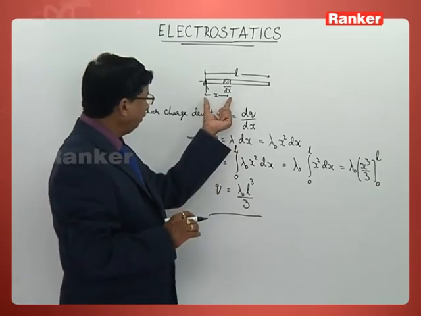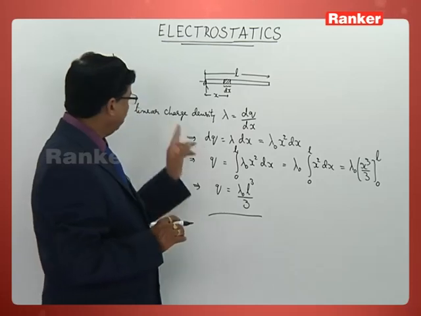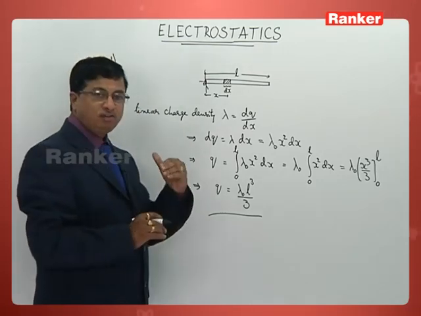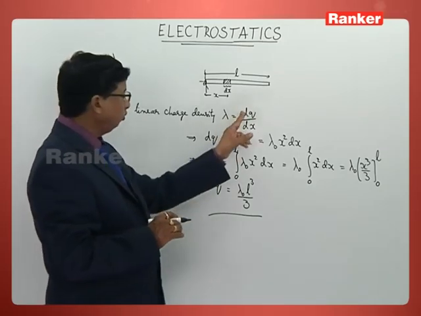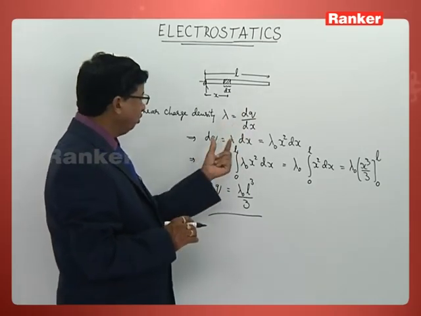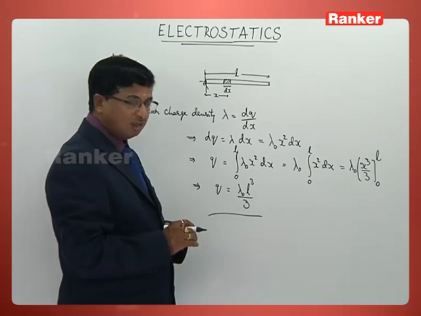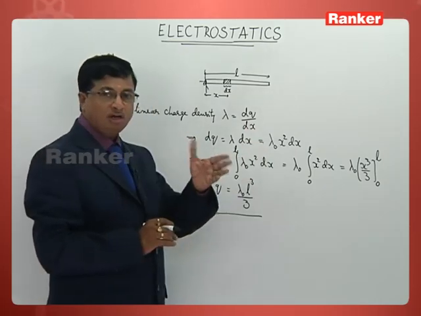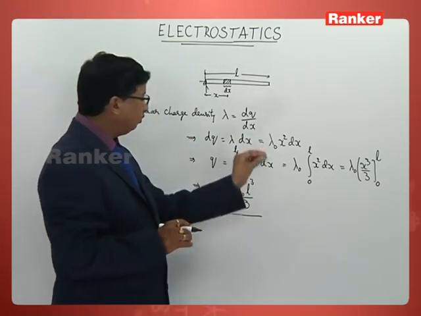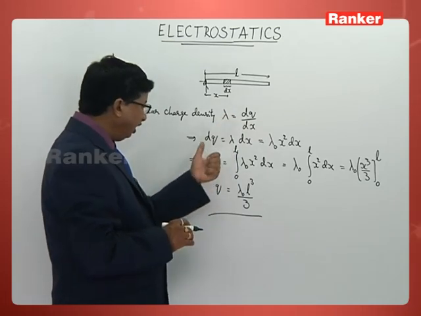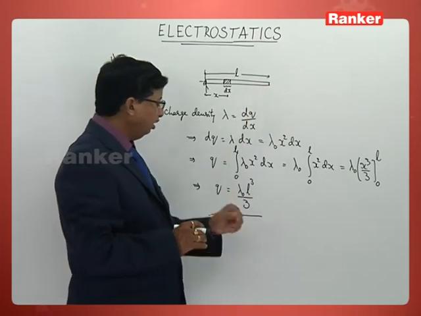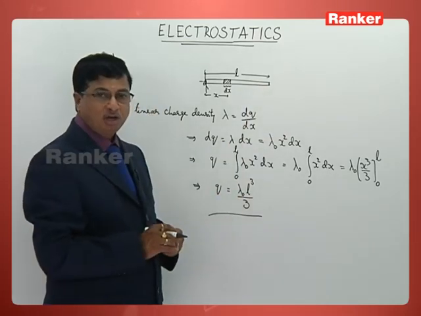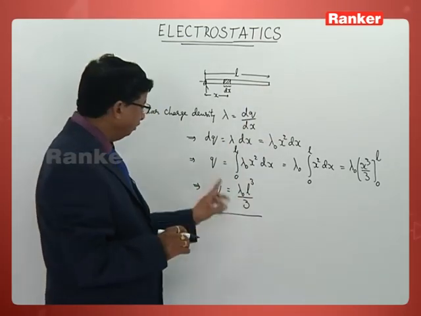So if I take this distance as x, according to the formula, linear charge density, lambda now becomes dq over dx, and dq now becomes lambda dx, but lambda is given as lambda naught x square. Substituting that value and integrating between the limits 0 and L, we get lambda naught L cube by 3.